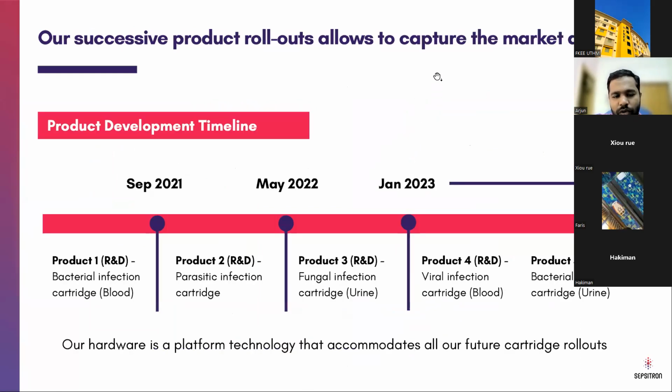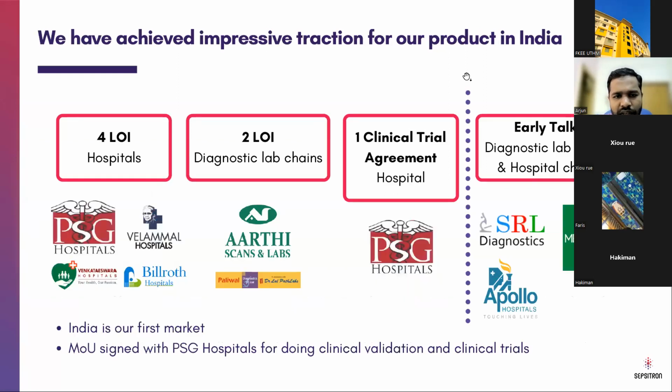And then this is our roadmap. We show a roadmap to help them understand that we are not confined to only one product, but we are able to do a lot of other products. And then what sort of traction we have achieved, whether we secured some sales orders or purchase contracts from any customers.